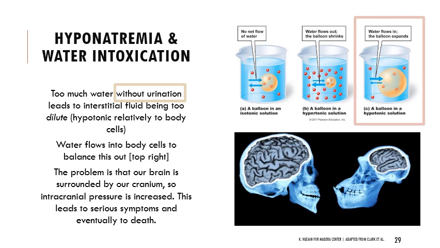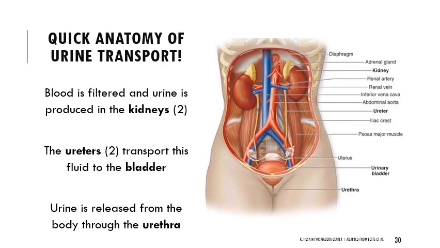So I wanted to focus on the renal urinary system for just a moment and talk about the anatomy and the function. So when we're thinking about how our blood is filtered, how we go through osmoregulation, the balance of water within our body, that's accomplished using our kidneys. So blood is filtered and urine is produced in the kidneys, and we have two of those. They're towards our back, so when you were dissecting the fetal pig, you probably saw them towards the posterior portion of the pig.